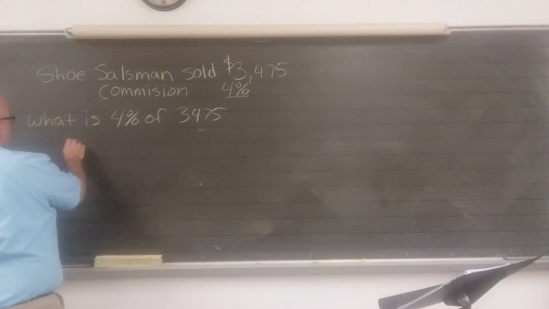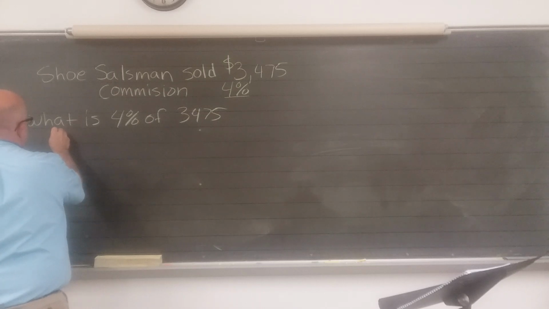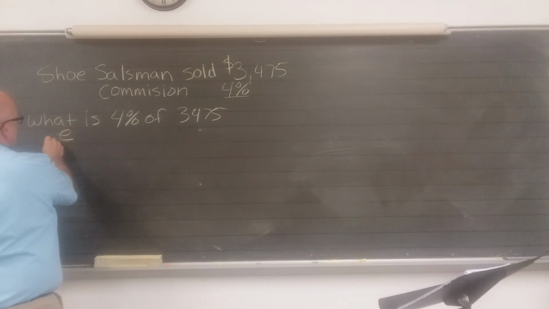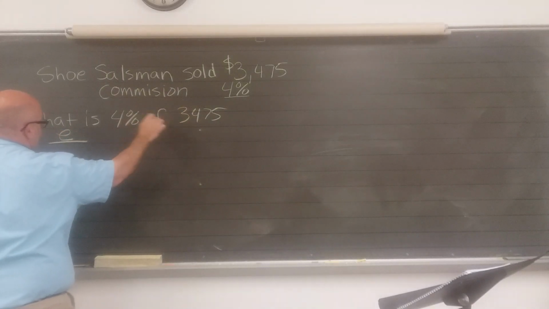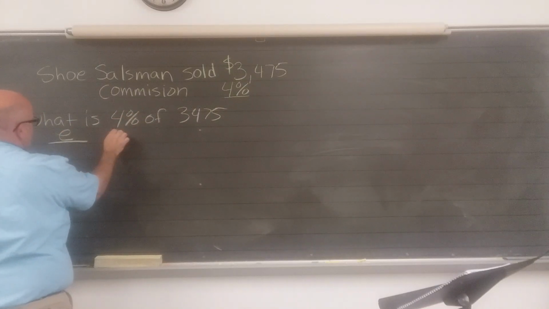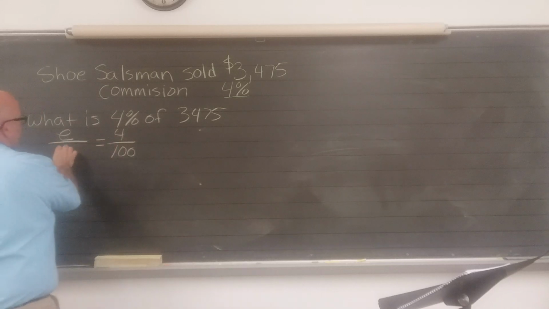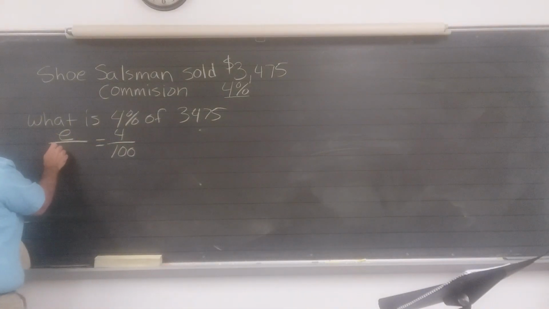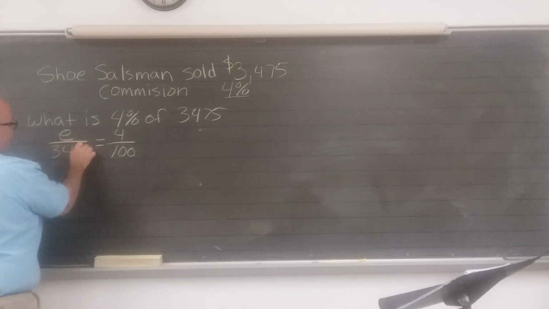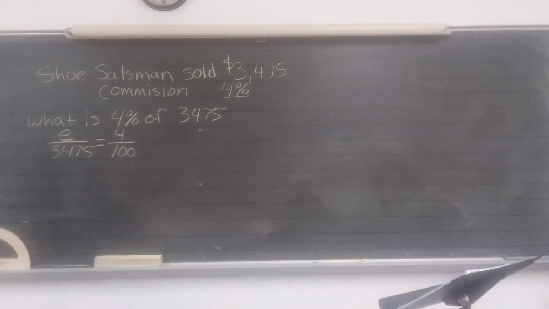What number is, that's your missing number. Let's put E as his earnings. This is what he earned over, or what is 4%? The 4% is over 100, and the numbers are E over 3,475. All right?